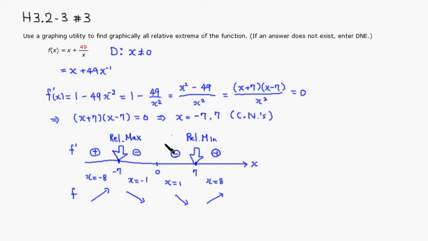All right, so let's find those values. Let's plug in negative 7 there. If you plug in negative 7, you have negative 7 plus 49 over negative 7. 49 over negative 7 is negative 7, so you have negative 7 minus 7, which is negative 14.